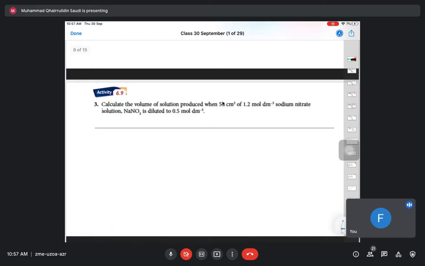Number 3, calculate the volume of the solution produced, meaning V2, when 50 cm cube of 1.2 mole per dm cube solution is diluted to 0.5 mole per dm cube. This is our after product. So this is our V1 and this is our M1. M1 V1 equal to M2 V2. Question wants to find V2.